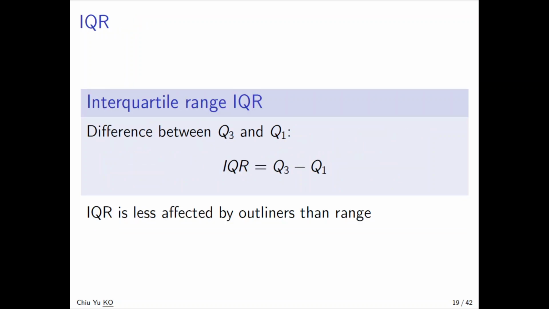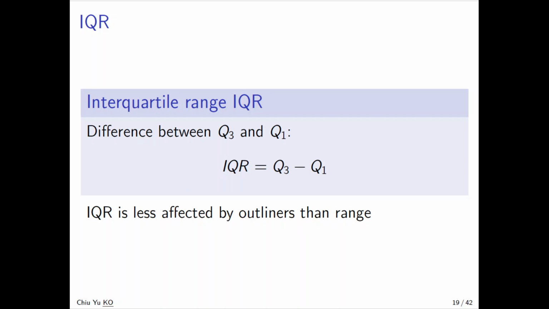As we mentioned before, range is the maximum minus the minimum, and it is subject to changes in the maximum and minimum. If the maximum and minimum change a lot, then the dispersion measured by range will change a lot, because when you do sampling and collect data, the maximum and minimum can easily change.